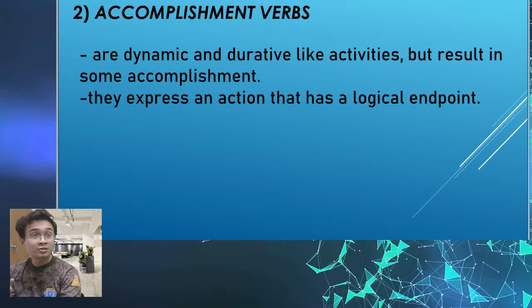It takes a long time for an action to happen, but the only difference between accomplishment and activity verbs is that it shows a result in its meaning. And of course, it has a logical endpoint. It means there's sometimes an ending. For example, when we watch a drama, sometimes there's an ending, right? So commonly this kind of verb talks about a situation that has a starting point and an ending point.